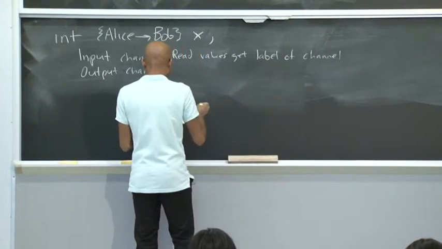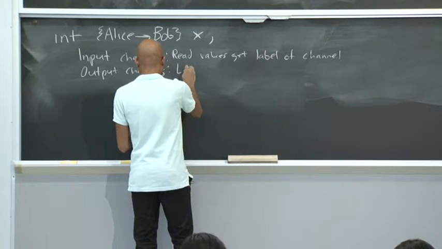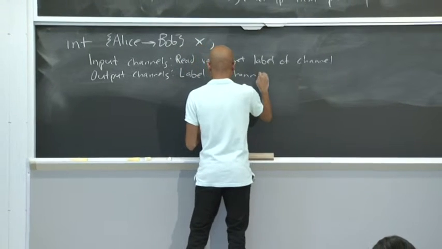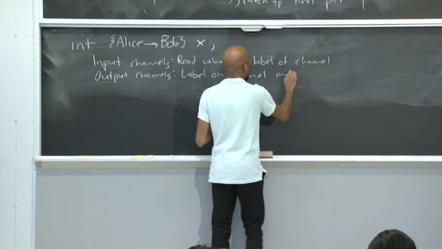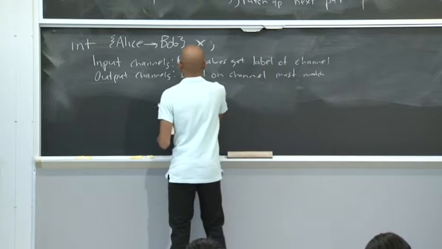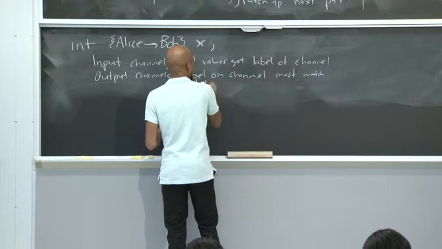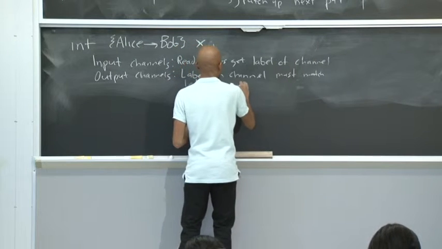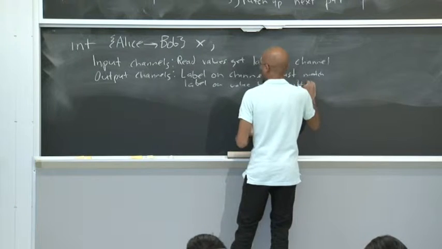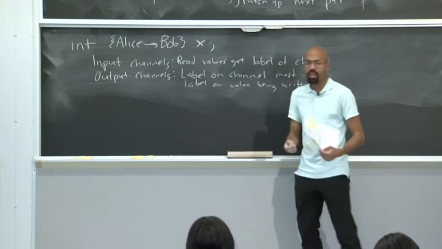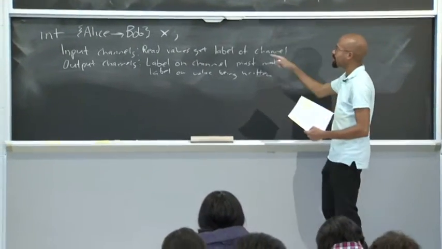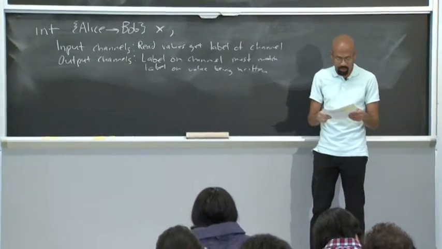And then you can imagine that for output channels, the label on the channel has to match some label on the value being written. I mean, you can imagine other policies here as well, but the basic idea is that there are actually programming languages that allow you, the developer, to pick what the labels are and what the semantics for those labels could be.